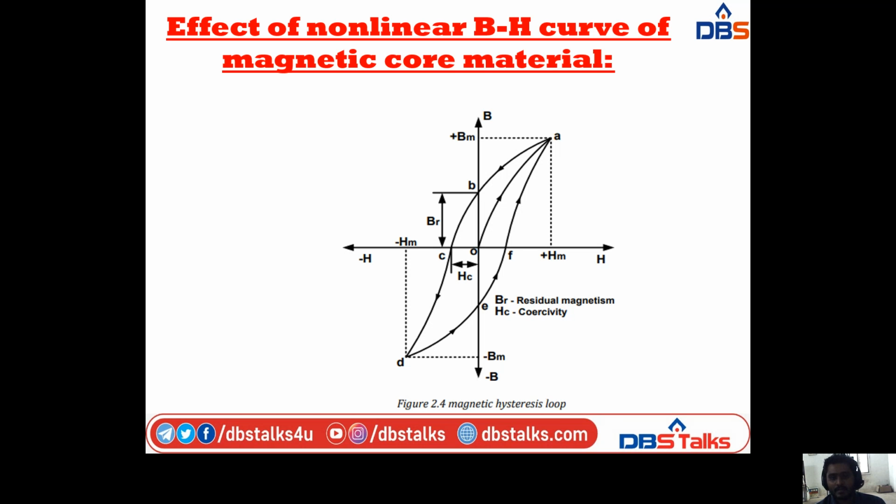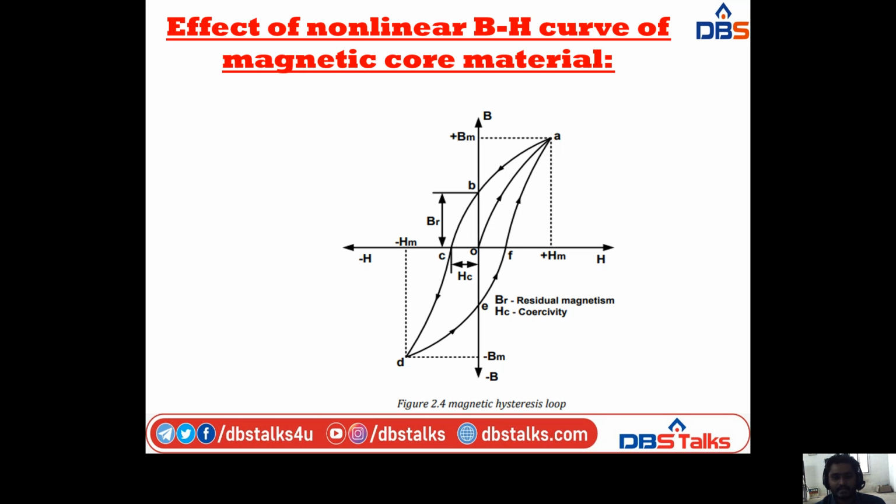Here we have BR, the residual magnetism, and HC, the coercivity, and we have minus HM and plus HM. We are considering the points a, b, c, d, e, f.